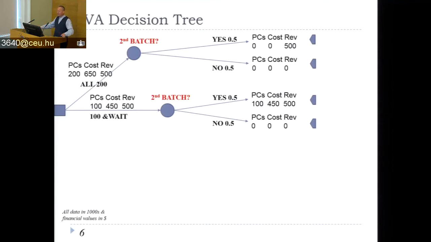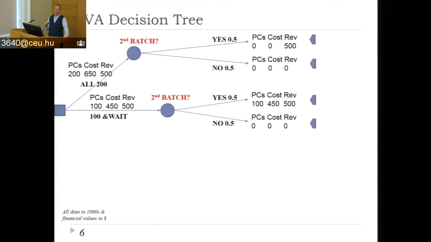So that's why on the yes branch, in this case, we have 100, 450 and 500 as the second manufacturing run, number of printed circuits, the cost value and the revenue value. If they are not asking for more, Boston Dynamics is not asking for the second batch, then we don't manufacture, we have no cost, no revenue.